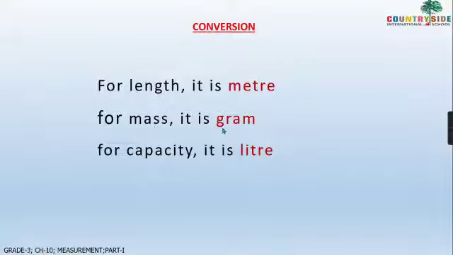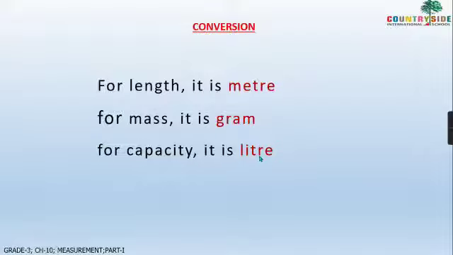Then for mass it is gram. If you are going to measure mass, then in that unit place you have to write gram. And for capacity it is liter. If you are going to measure capacity, then you have to write liter at the unit place. Understood, children?